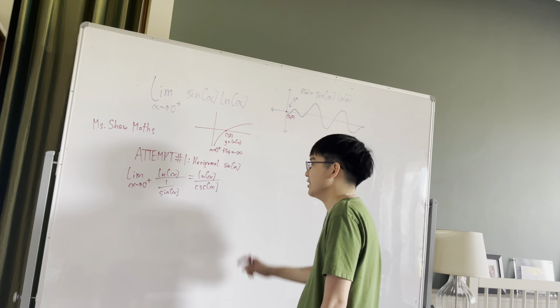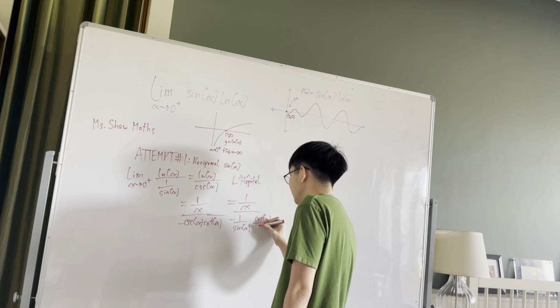Now here is where we undo the pretentiousness of this notation and rewrite this in terms of sines and cosines. This is going to be 1 over x divided by minus 1 over sine x times cosine of x divided by sine x.